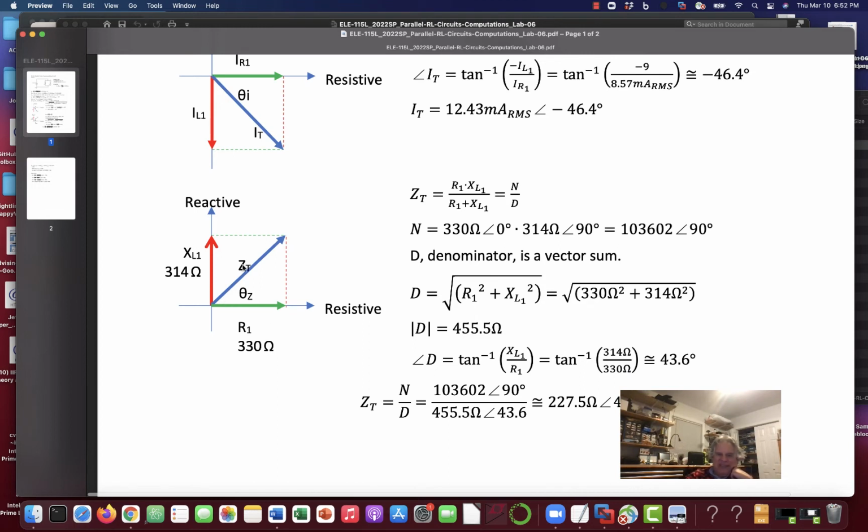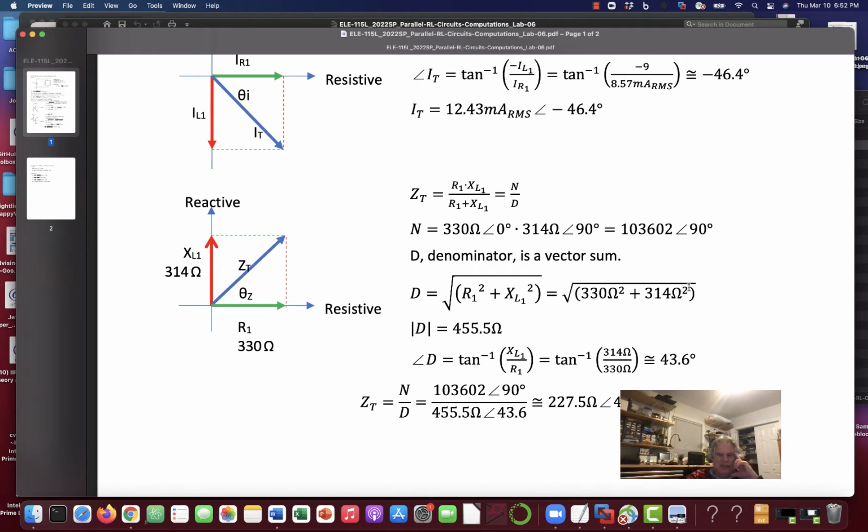The denominator is a vector sum, where I have to add these two. I put ZT there, but it's not actually ZT, is it? It's really this D, or denominator term. Sorry about that. So at any rate, D is a vector sum. It's going to be the square root of 330 squared plus 314 squared.